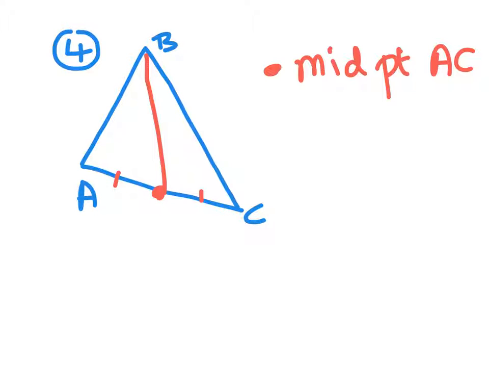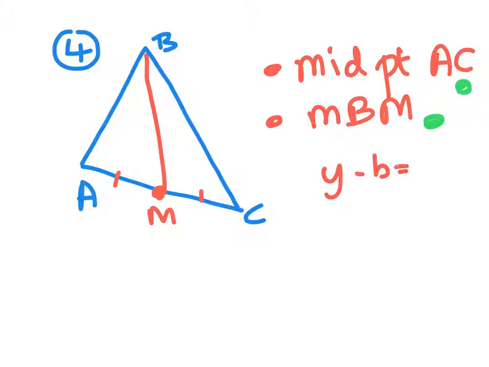Let's call that M. Then we need to work out the gradient of BM. And then we're going to use the midpoint you've got here and the gradient you've got here, and put both of these values into y minus b equals m(x minus a). Right, we do not need to find perpendiculars for a median. We want to do that for altitudes.